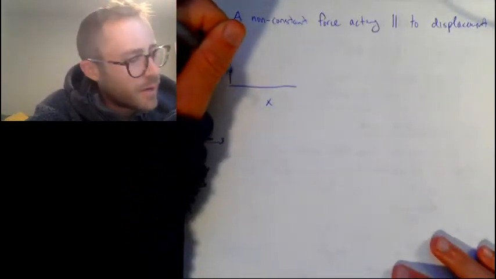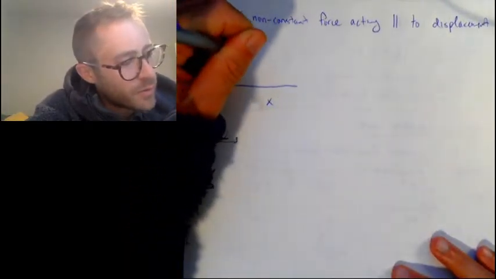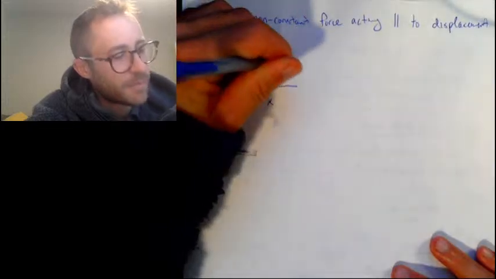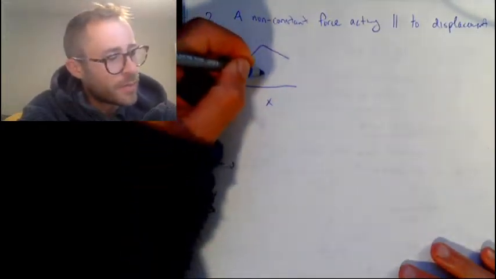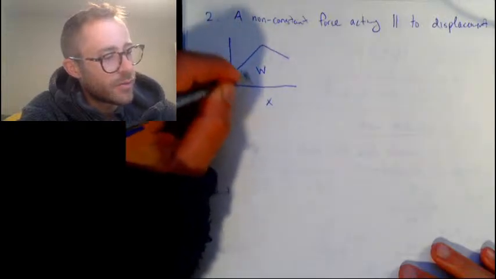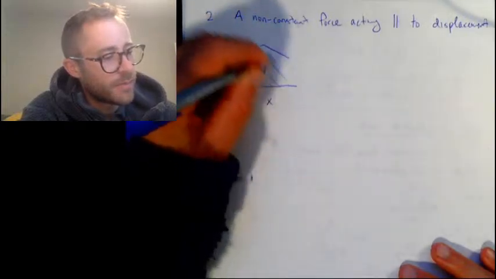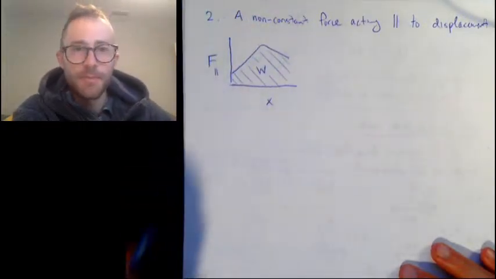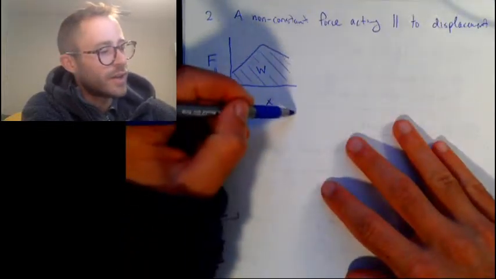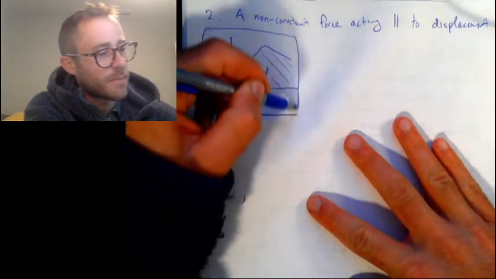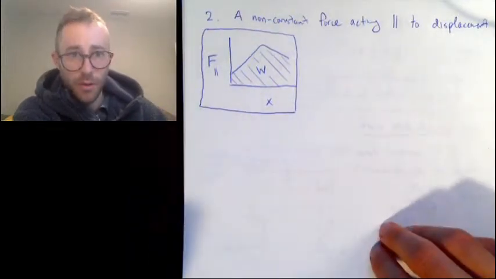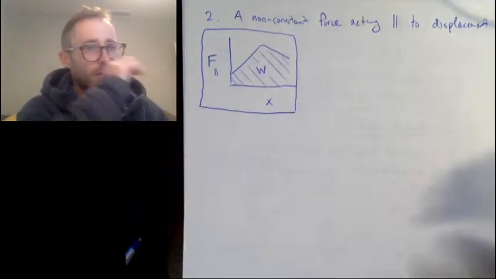So maybe we have a force versus displacement graph that looks like this. In that case, the work is the area under the curve. And this would be F parallel. Okay, so this is the second way in which you might be asked to calculate work.